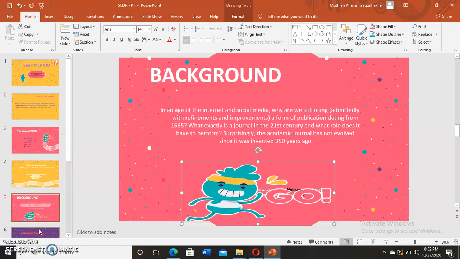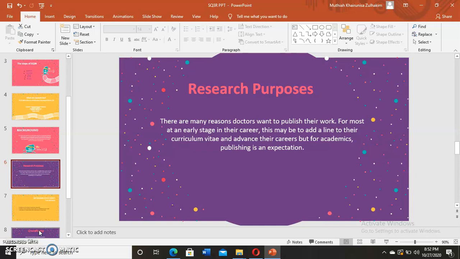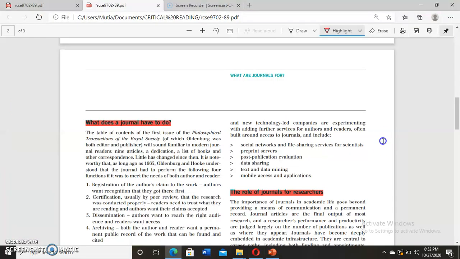And the research purpose: there are many reasons doctors want to publish their work, foremost at an early stage in their career. This may be aligned to their curriculum vitae and advance their career, but for academics, publishing is an expectation. And this is the background.